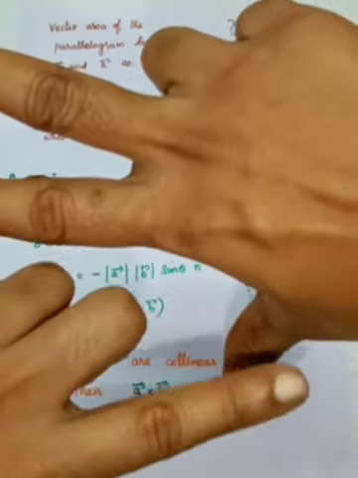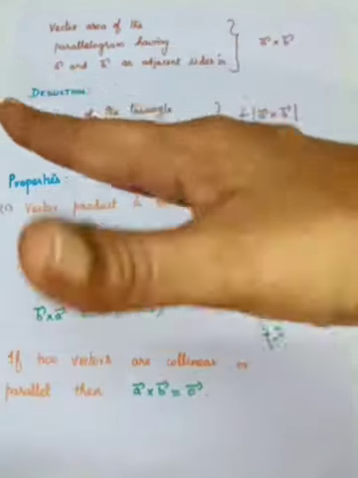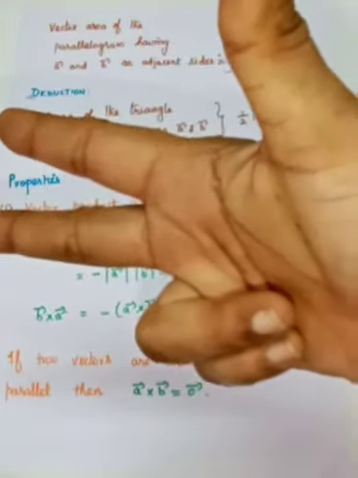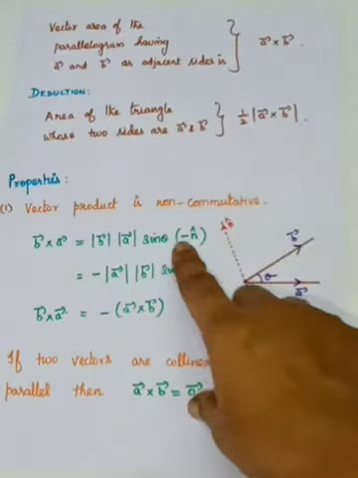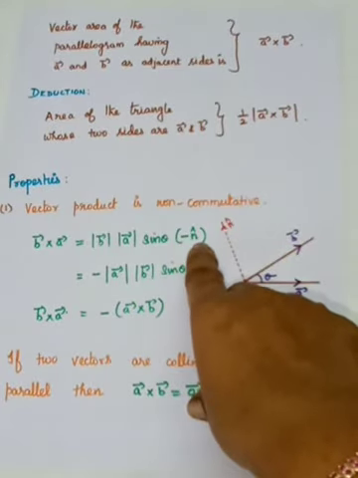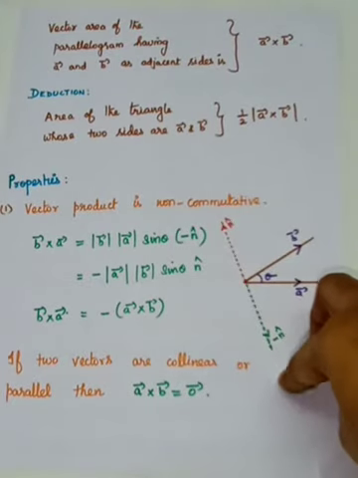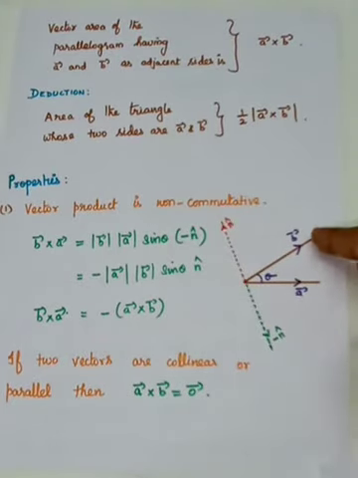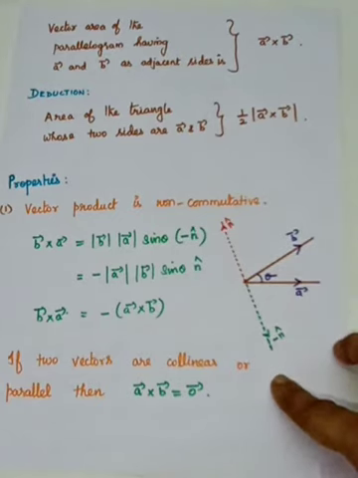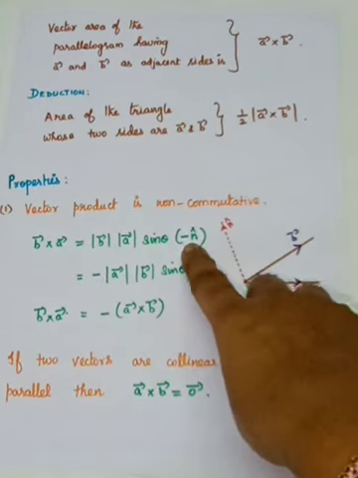It is in the direction opposite to A vector cross B vector. Therefore, here you have to write minus n cap. B vector, A vector and minus n cap form a right-handed system, so you have to write minus n cap.